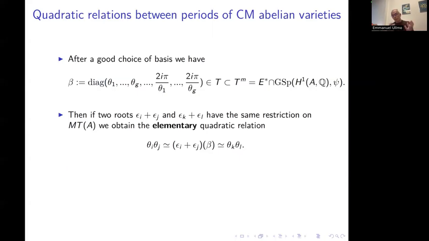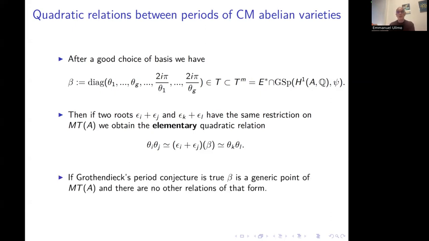Sometimes, when T is smaller than the maximal torus, you may have this kind of relation. Another remark is that if the Grothendieck period conjecture is true, beta is a generic point of the Mumford-Tate group of A, and you cannot have other relations of that form.